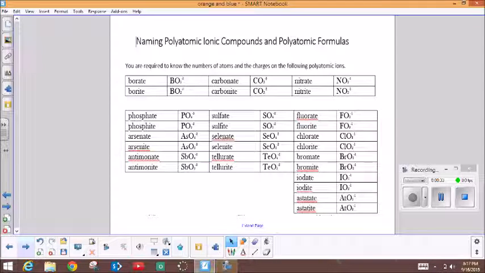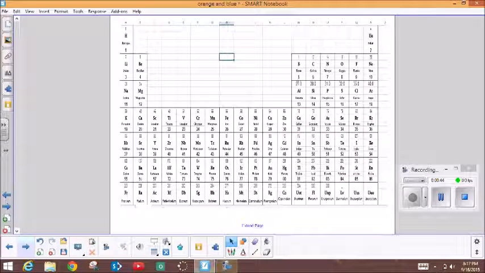So you can see it's kind of an unusual list to have to memorize, these random letters and numbers. So what I've devised is a way to use the periodic table to help you remember that.